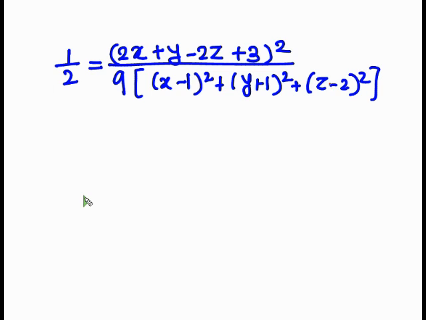If you observe, here we have to multiply this denominator to the numerator and this denominator to this numerator.